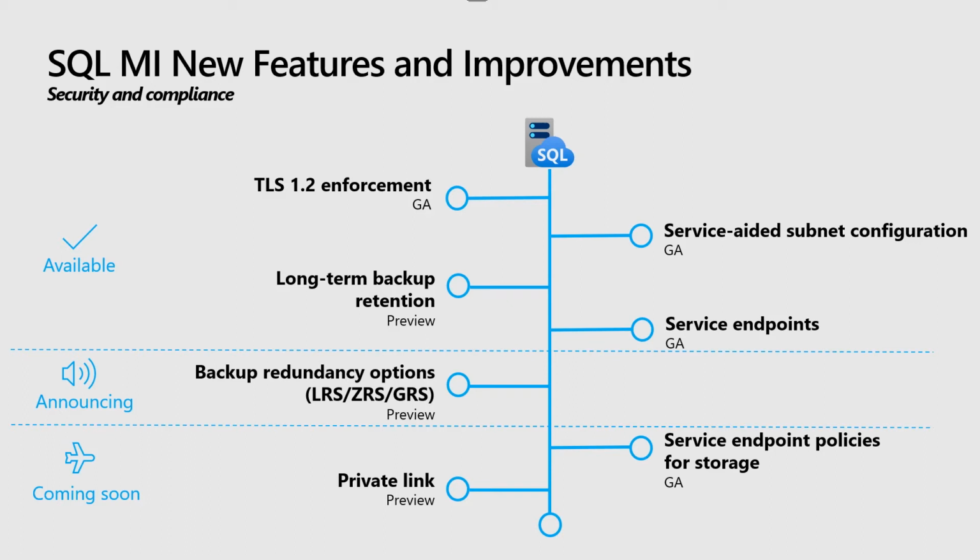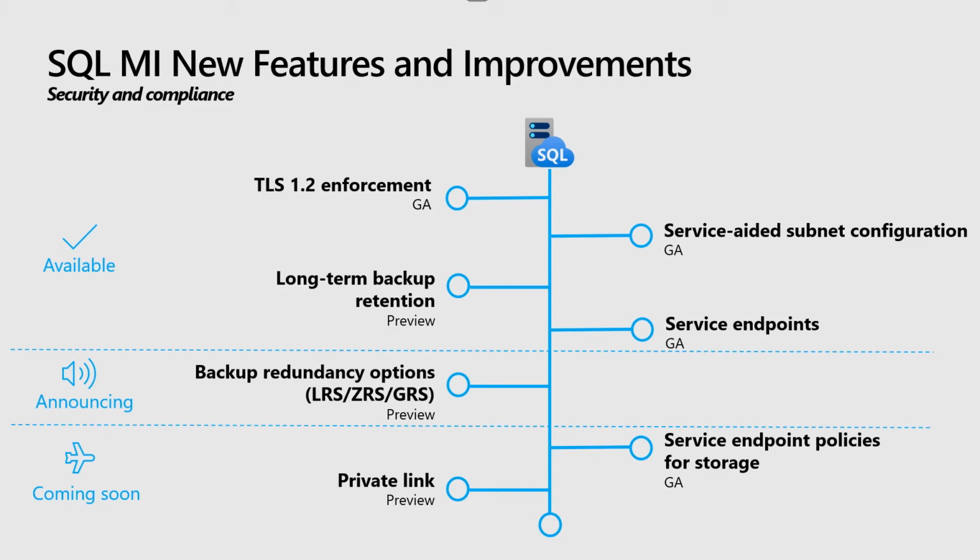What we announced a few weeks back was support for additional backup file redundancy options. Up to now, only the geo-redundant storage option was available for managed instance. With these two new options, locally redundant storage and zone redundant storage, you now have the freedom to choose.